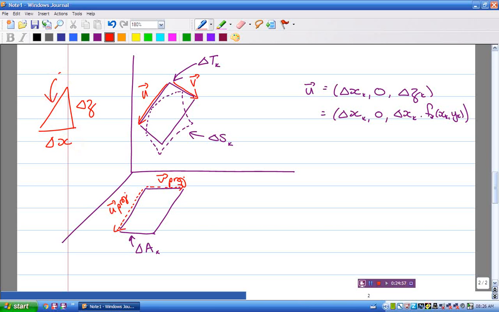This hypotenuse has a slope of delta z over delta x. Therefore, delta z is equal to delta x times the slope. So it's equal to delta x times the x derivative.